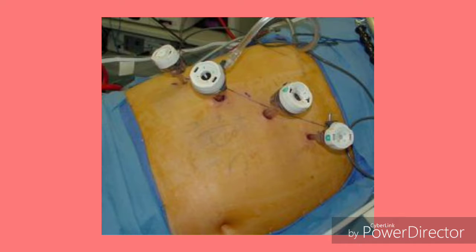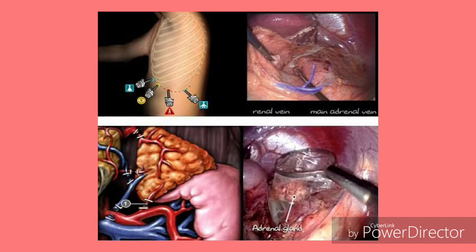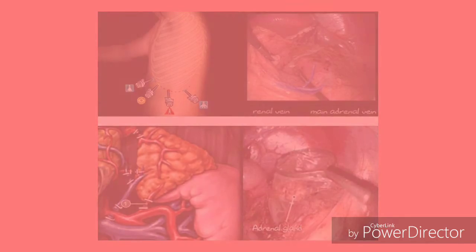Sometimes they will use this position if they want to do a posterior approach. Once the first trocar is placed, the camera is inserted and the abdomen is explored to make sure that the patient is healthy enough to undergo laparoscopic surgery.